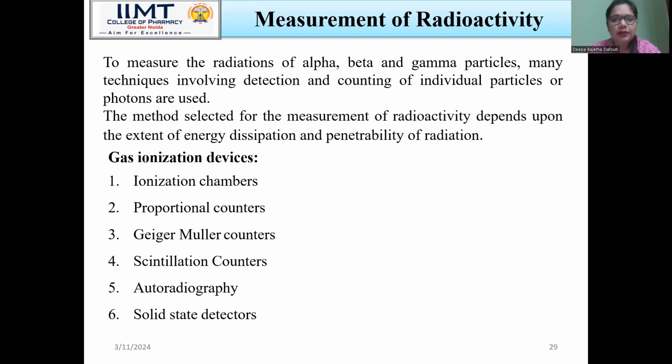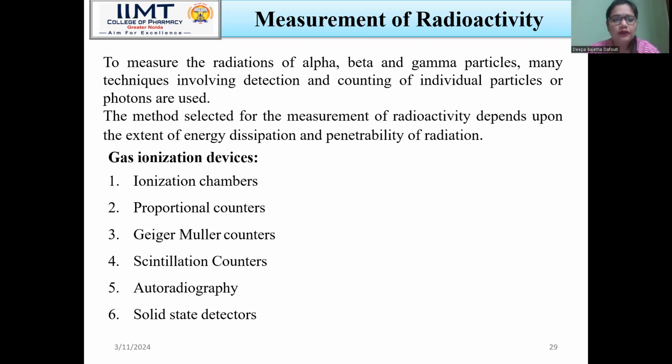Next one is measurement of radioactivity. To measure the radiations of alpha, beta and gamma particles, many techniques involving detection and counting of individual particles or photons are used. The method selected for the measurement of radioactivity depends upon the extent of energy dissipation and penetrability of radiations.